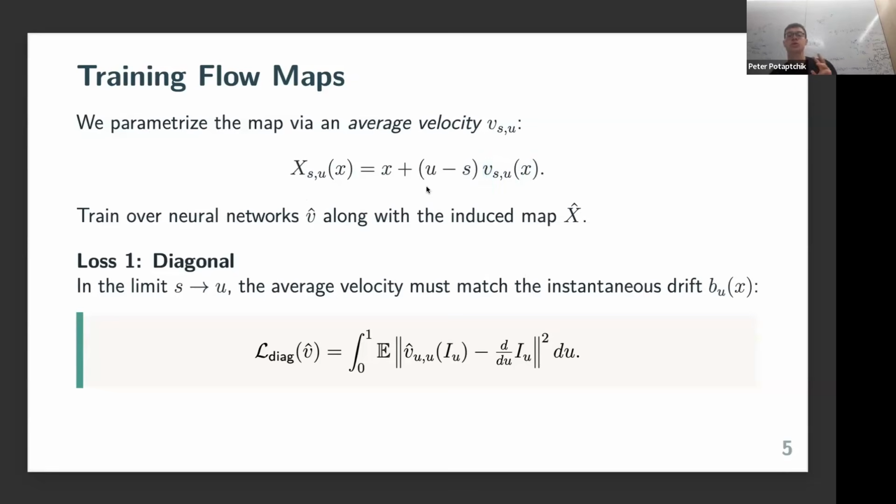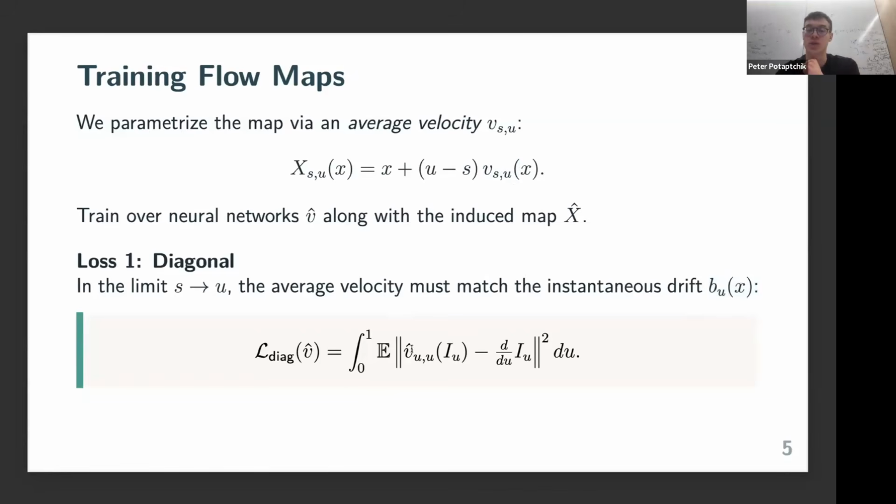And so we're going to use two loss terms. The first one is what we call the diagonal loss, which is when s is equal to u. So v_{s,u} is the average velocity along a trajectory. If you take the limit as s approaches u, when s is equal to u, this should just give you the instantaneous drift of the ODE, which was just our b_u(x) from before.